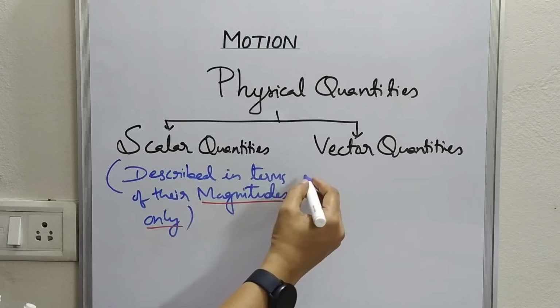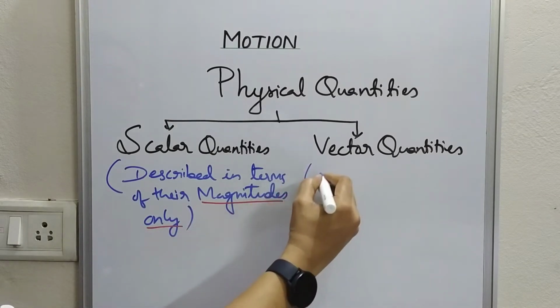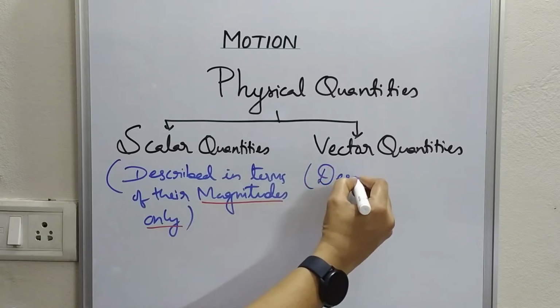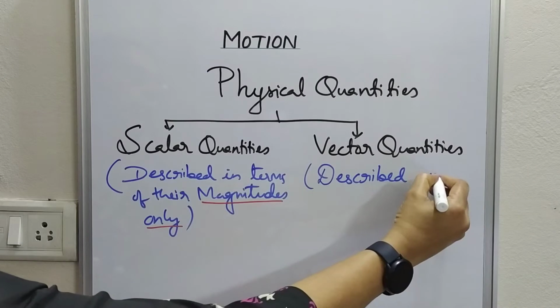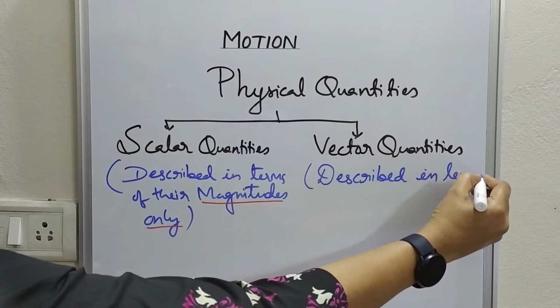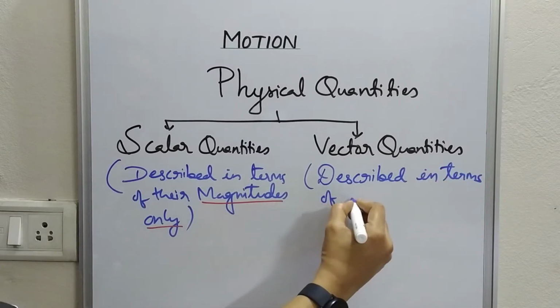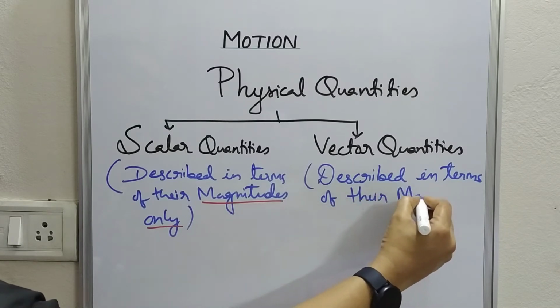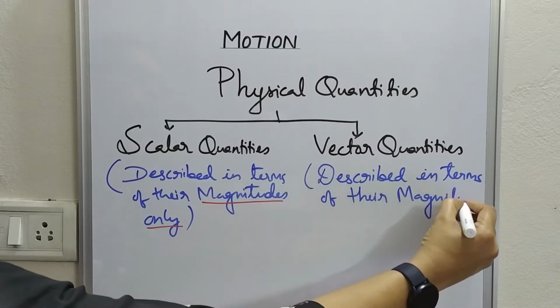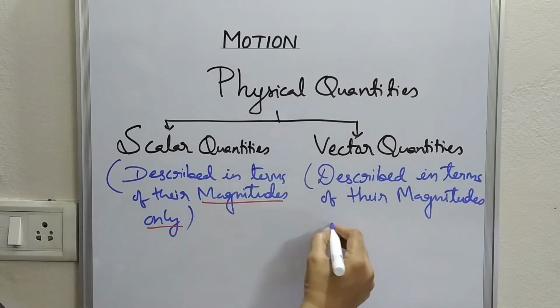Vector quantities are those physical quantities which are described or specified in terms of their magnitudes as well as a direction.